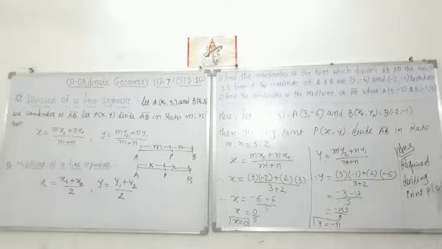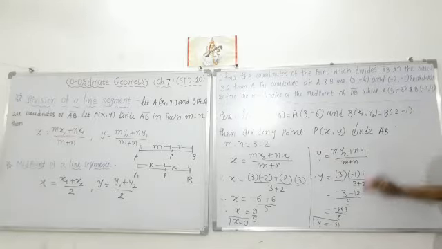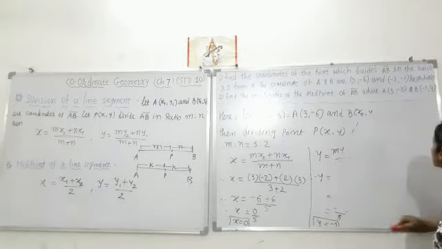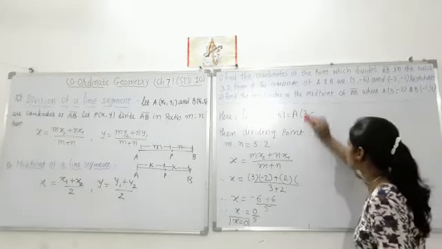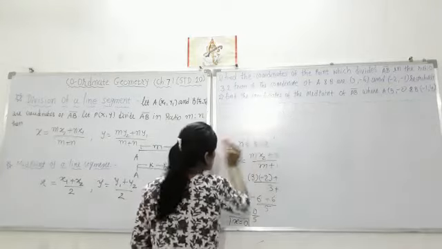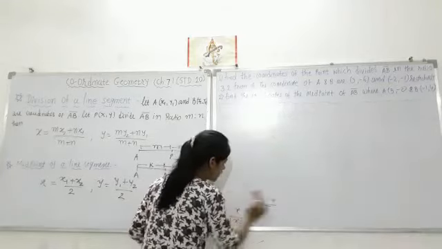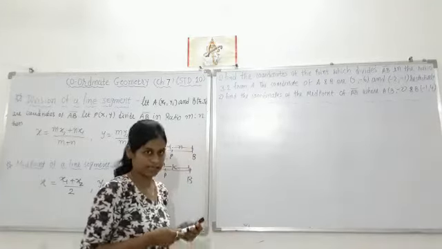Now let us consider the second example. Find the coordinates of the midpoint of line segment AB where A is (3, -2) and B is (-1, 4). Here you want to find the coordinates of the midpoint, so you should use the midpoint formula. First of all, write the given coordinates of the line segment.